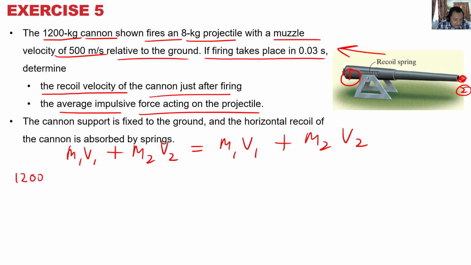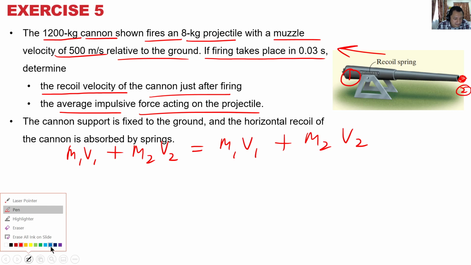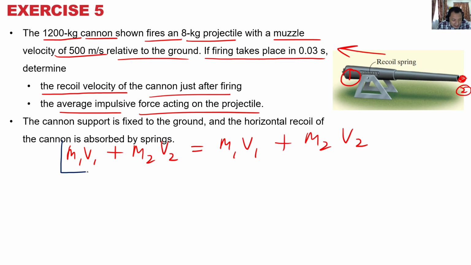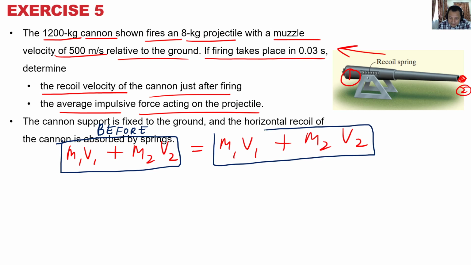So 1200 times velocity. Okay, there's this thing. This is B, before. This is after. If this is before, this is after, what is this?